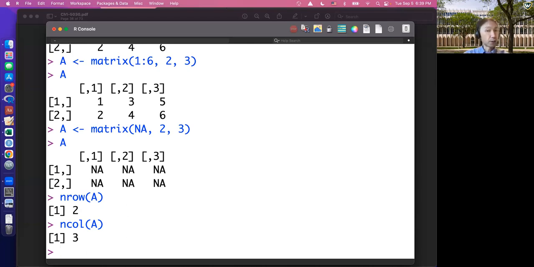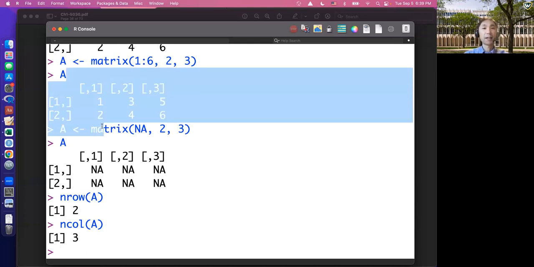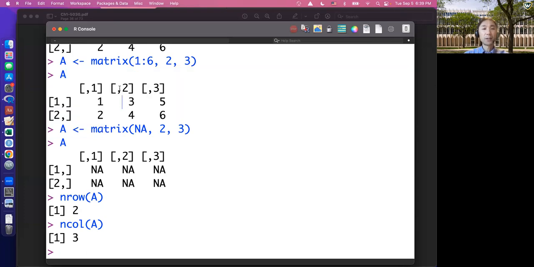And later, we discuss how to manipulate the rows and the columns. For example, we want to multiply 1 by the first column, multiply 2 to each number of the second column, and multiply 3 to the third column.